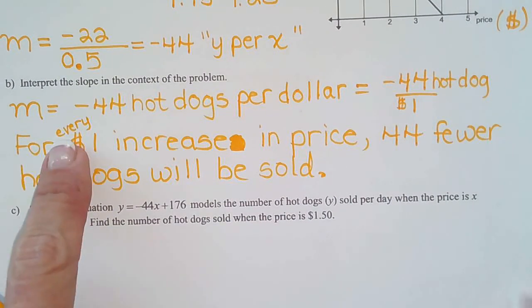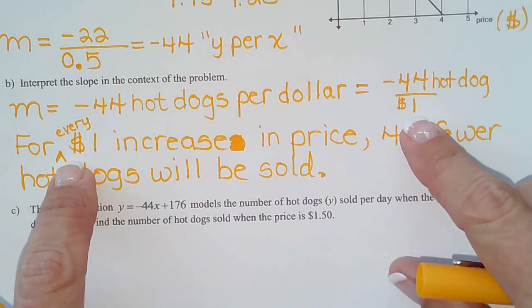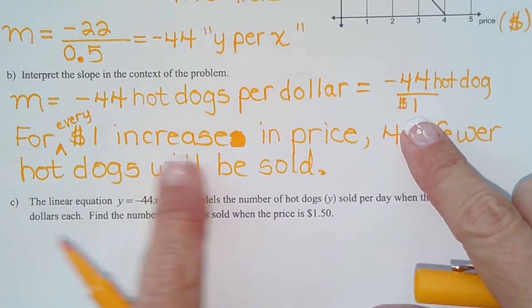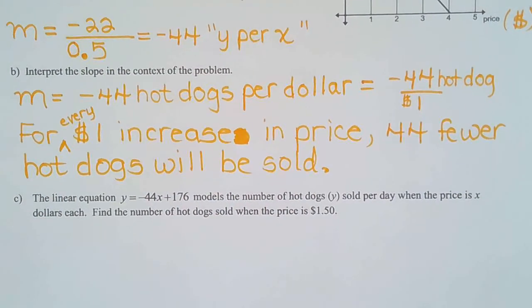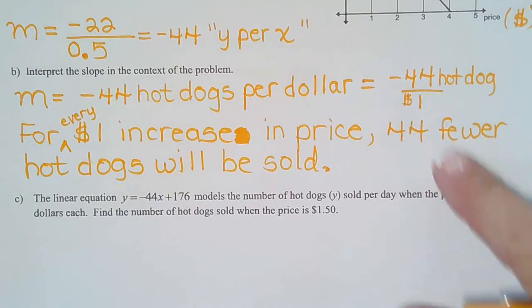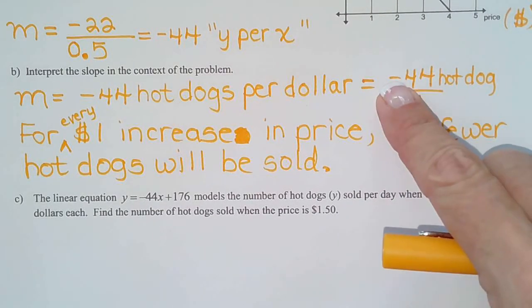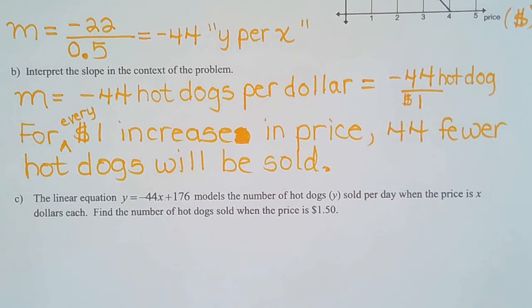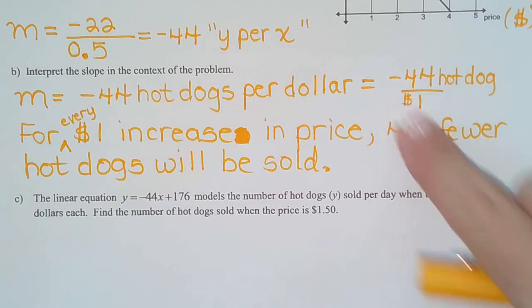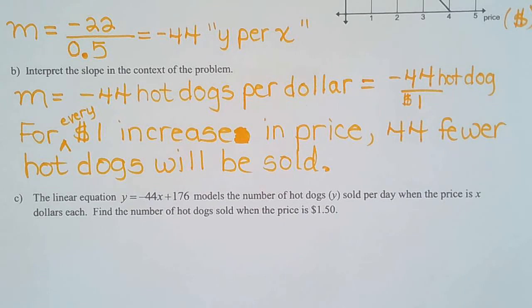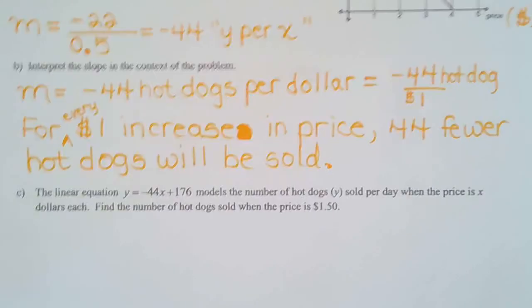So for every $1 increase, because it's positive in price, comma, 44 fewer, because we can't use negative 44. We can't say negative 44 hot dogs will be sold. We have to use a word that means a negative. So 44 fewer hot dogs will be sold.